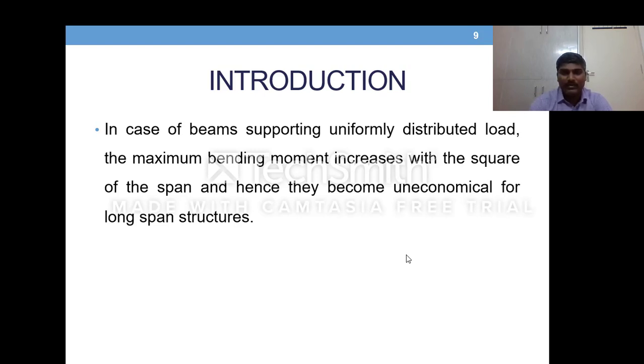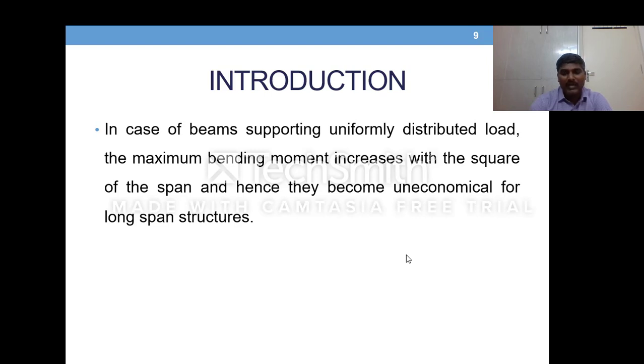For example, if you take a simply supported beam with a uniformly distributed load, the bending moment at the middle is WL square by 8, W being the UDL value and L being the span. So WL square by 8, where you can see L square in the value.